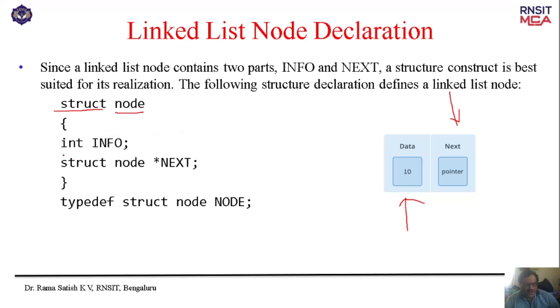Info, I create as an integer info. Then struct node star next, a pointer which is pointing to another node. The entire thing is called just node. That's why we write typedef struct node as Node. We declare it like this.